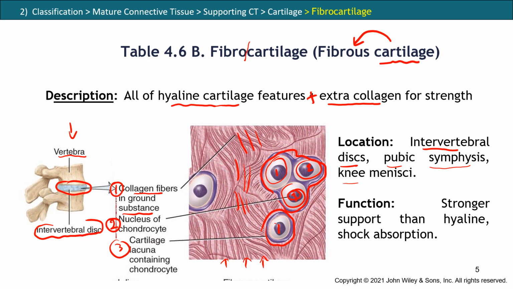Finally, the function, as I said before, is that you need more support, for example, in the vertebra than the hyaline, because you need shock absorption. In your knees, you definitely need a strong cartilage protecting them so you don't get injured.